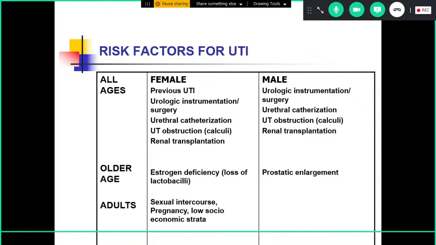Factors common in both are urological instrumentation, surgery, catheterization, obstruction due to calculi, and renal transplantation. These are common in both men and women.